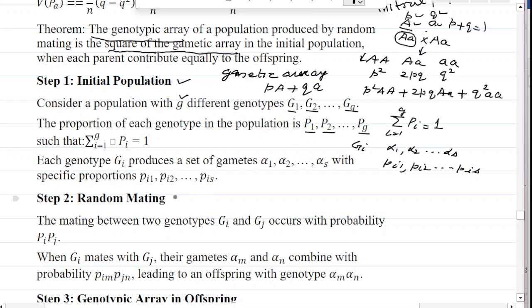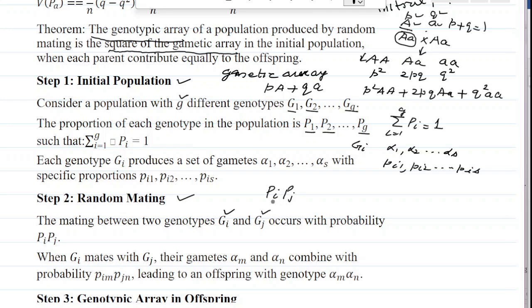Now random mating takes place. So the mating between two genotypes, Gi and Gj, occurs with probability, since the proportion of Gi is Pi and the proportion of Gj is Pj, and they are independent.